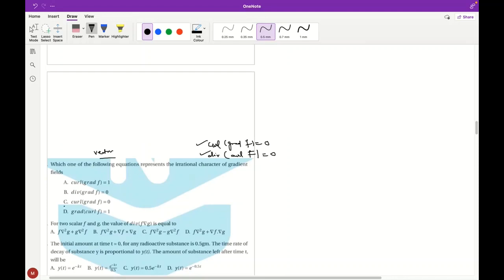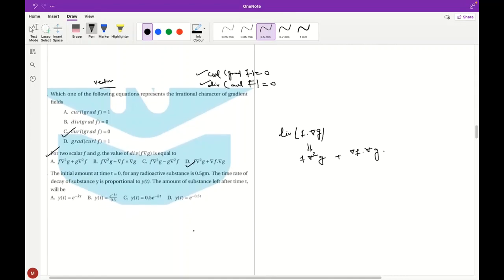Curl of gradient is 0. Now we have solved this question above. In that question we have found divergence of f gradient of g, and there also we got f Laplacian of g plus gradient of f into gradient of g. So here the fourth option is again correct. Now come to another question.